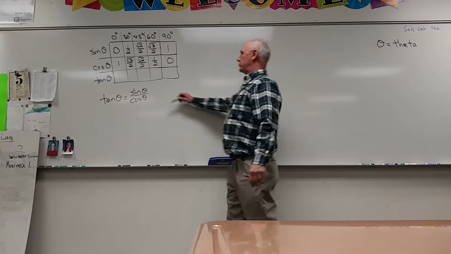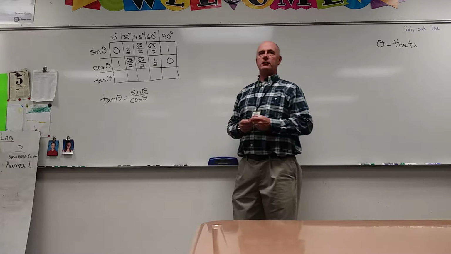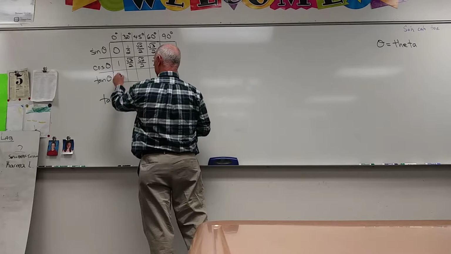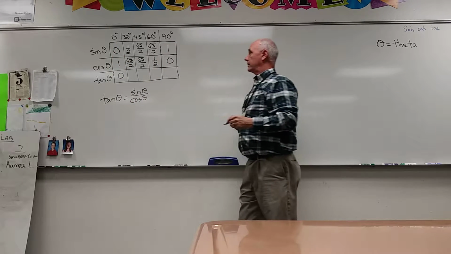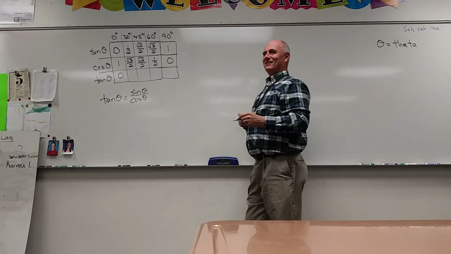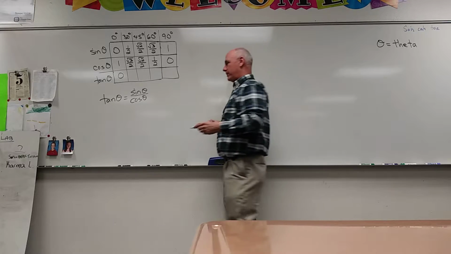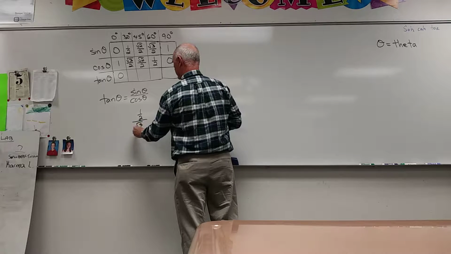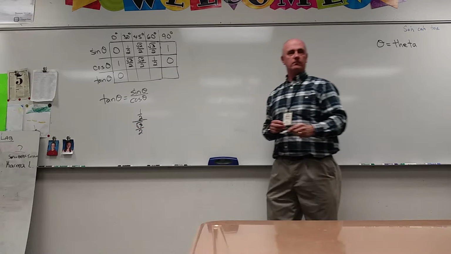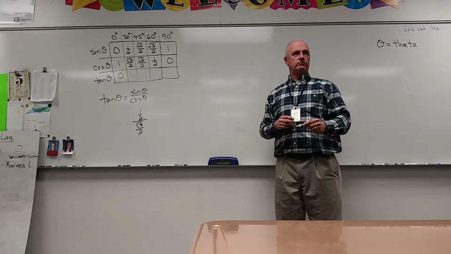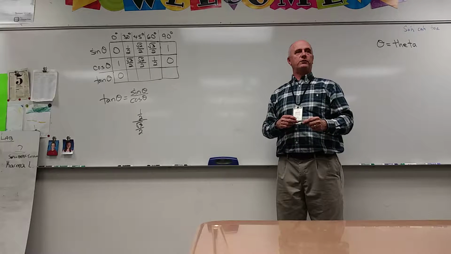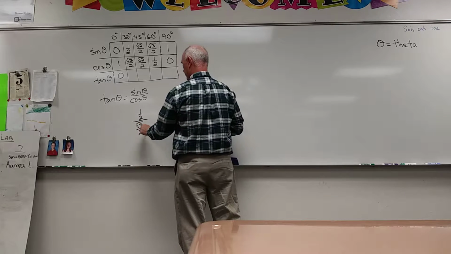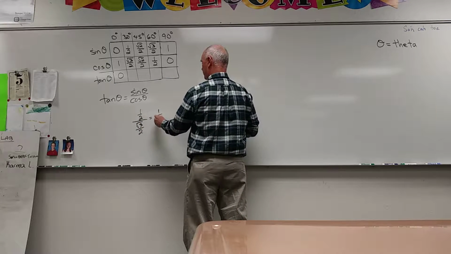If this statement is true, then what is the tangent of 0 degrees? It is 0 because it's 0 over 1, which gives us 0. The tangent of 30 degrees starts to freak people out. It would be 1/2 over square root of 3 over 2. But that's a complex fraction. In a complex fraction, if the two denominators are the same, we can just zap them, which would give us 1 over square root of 3.